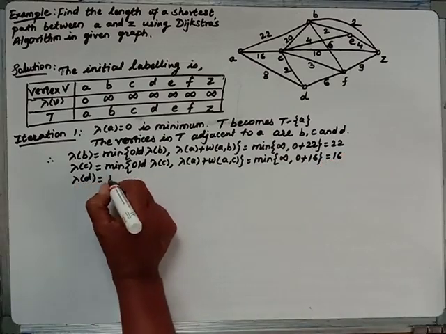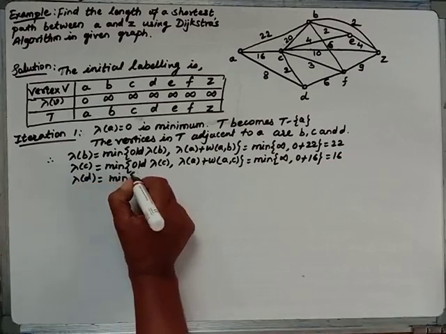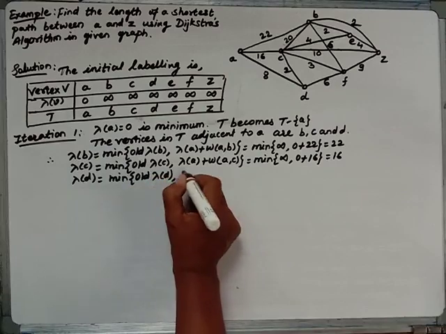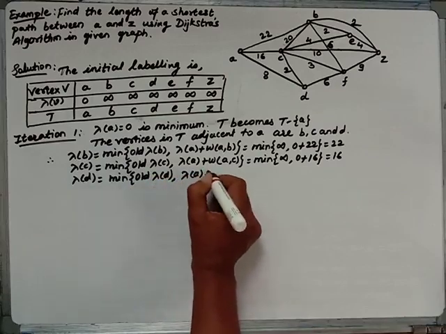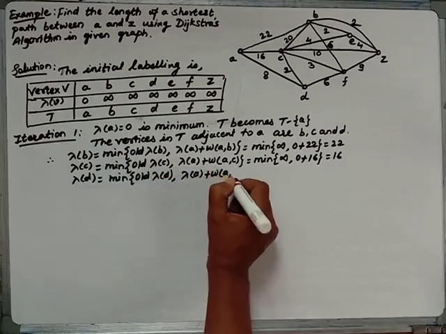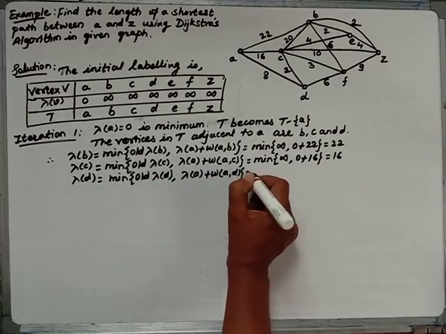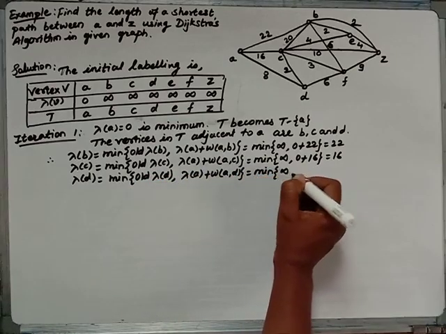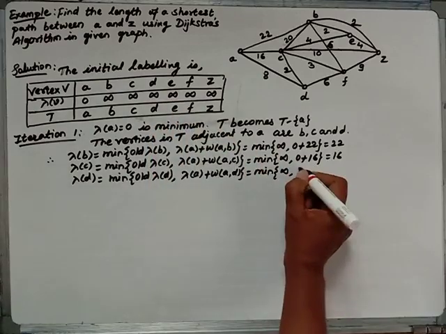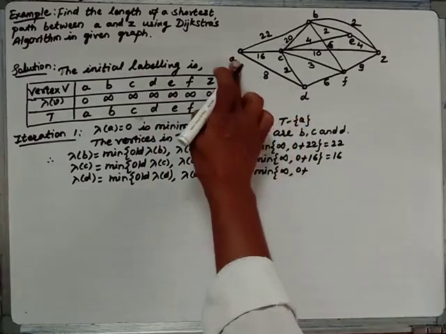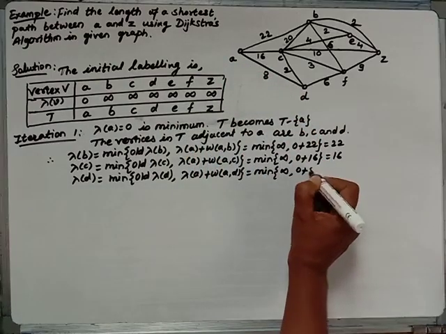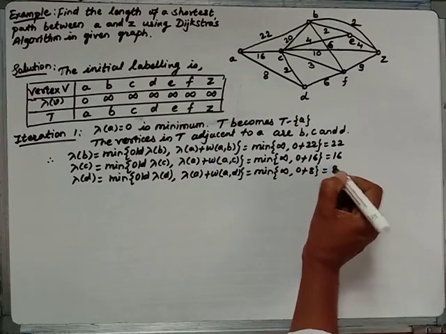It will be the minimum of old lambda of D, which is again infinity from the initial table, and lambda of A plus the weight of the edge from A to D. Here 0 plus the weight of the edge between A and D is 8. So it is 8.